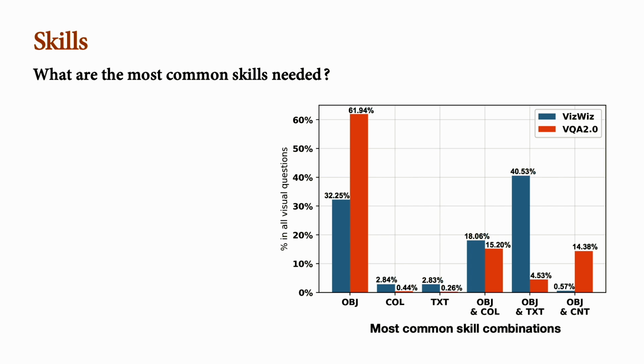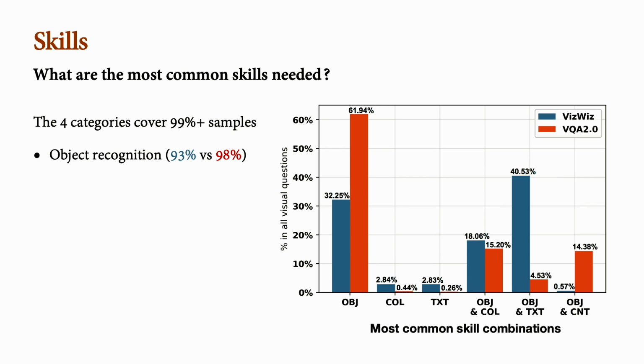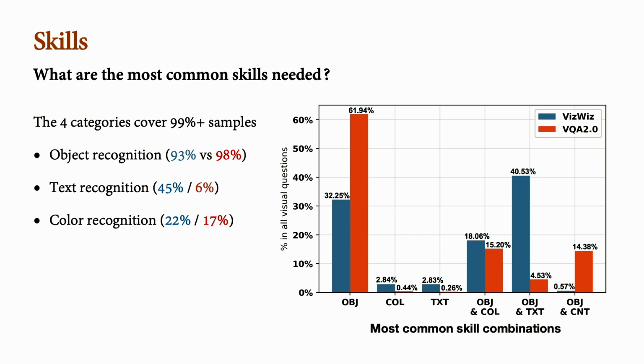So with this data, we looked into what skills are most commonly needed to answer visual questions. We found some misalignments between the common VQA training/validation dataset and the real user data. First of all, the 4 main skill categories are pretty good in covering most samples. The blue fonts show each skill's percentage in the real dataset, and the red one shows the percentage in the synthetic one.